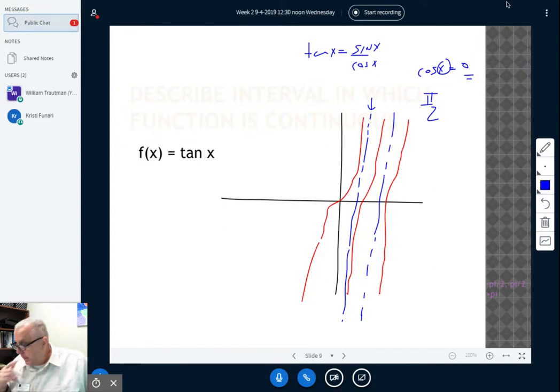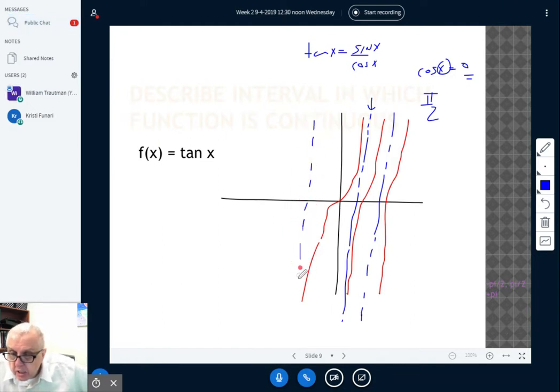If you look at your trig formula sheet that I gave you, it shows the domain of a tangent function is from negative pi over 2 to pi over 2.